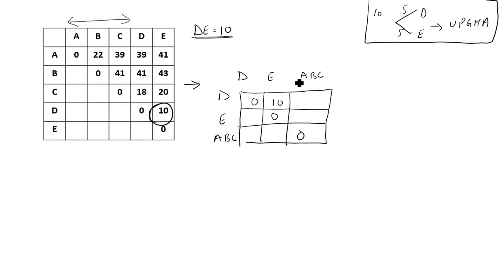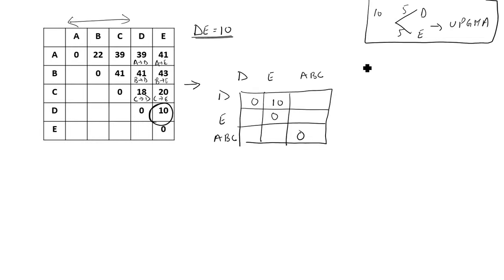Now we have to calculate ABC to D. ABC to D is not available in this matrix, but A to D, B to D, and C to D are available in the matrix. Same here, A to E, B to E, and C to E are available in the matrix.